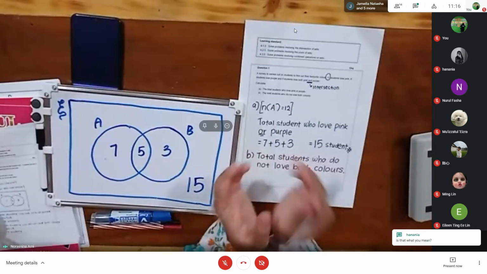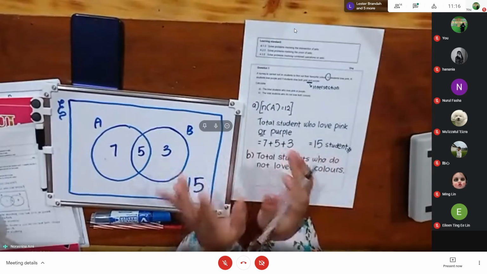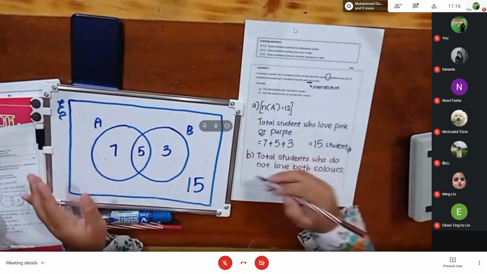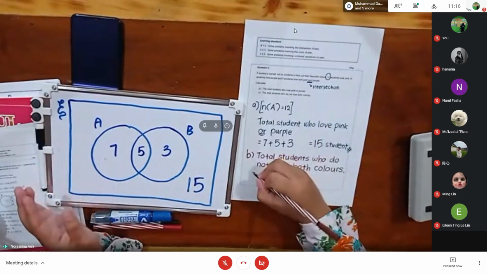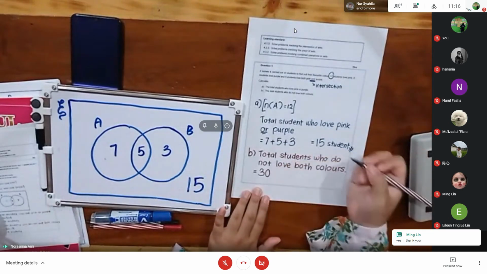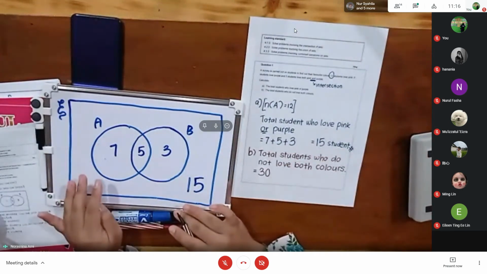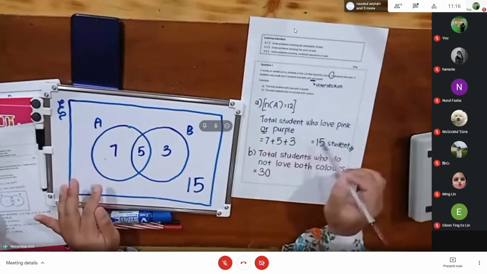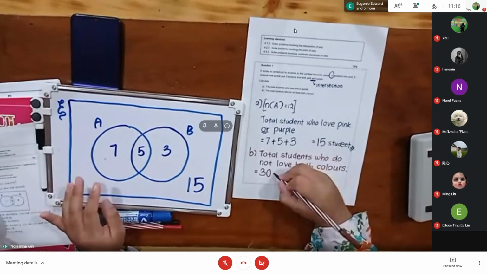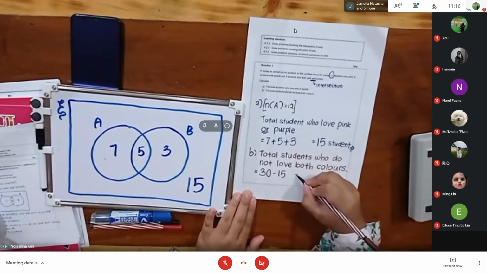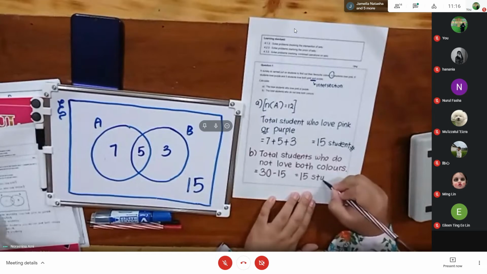We need to show the calculation. There are 30 students who carried out the survey. So we write the total number of students minus the total students who love pink or purple. This one is 15. So 30 minus 15. So the answer will be 15 students.